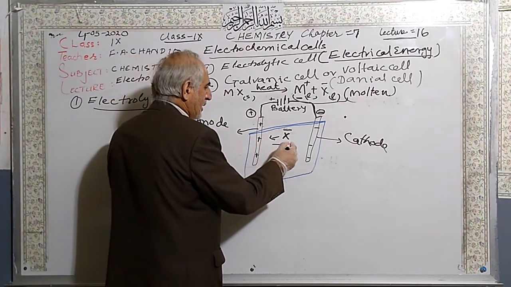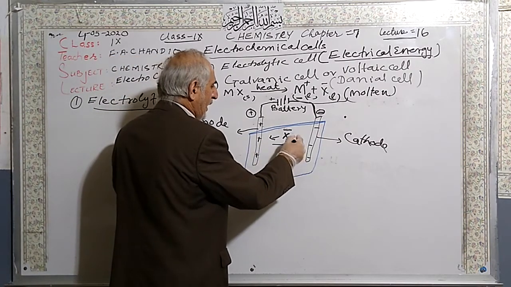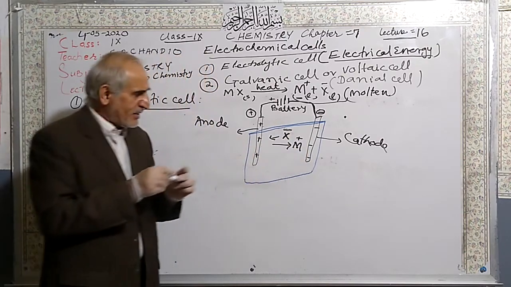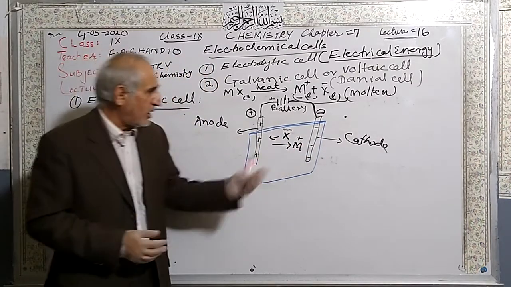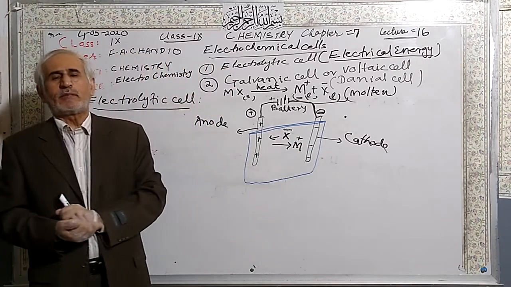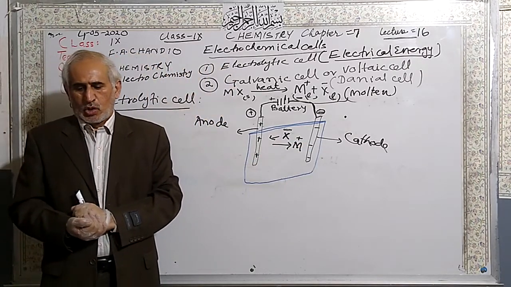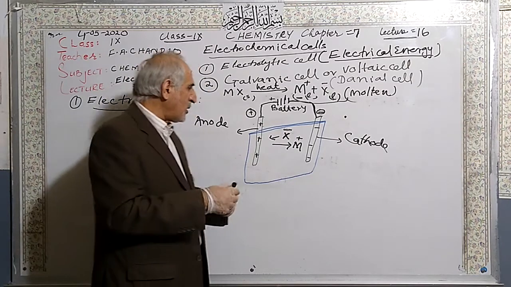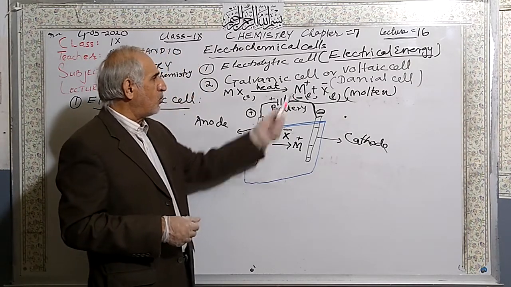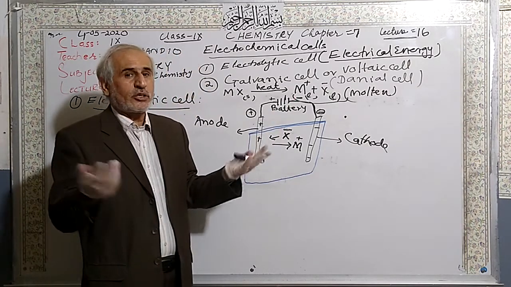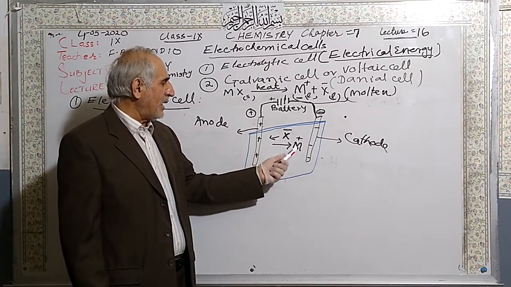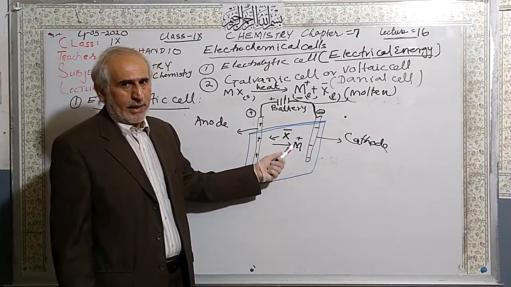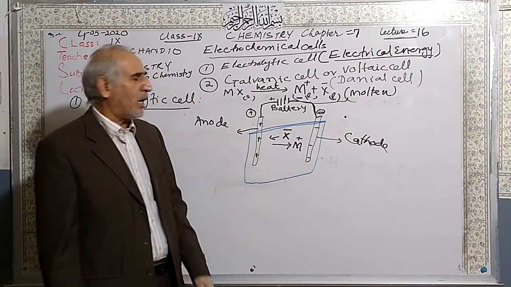And the positive ions, the metal ions, must move towards the cathode because the metal has a positive charge and the cathode has a negative charge. So when you pass electricity through the molten salt, X stands for the halide ions and M stands for any metal. This is a general reaction I am telling you.